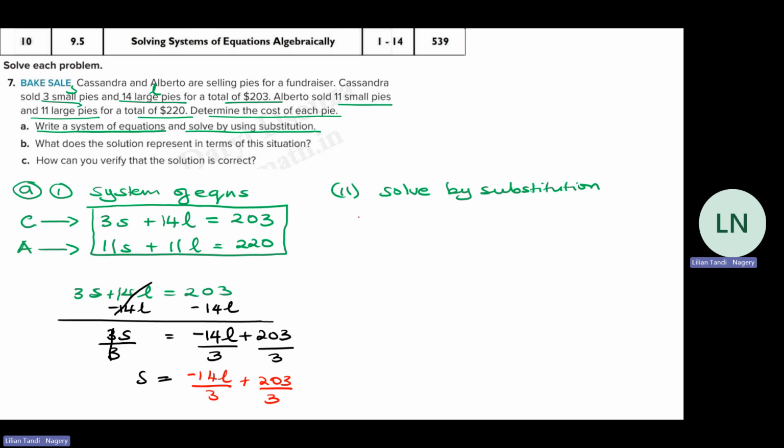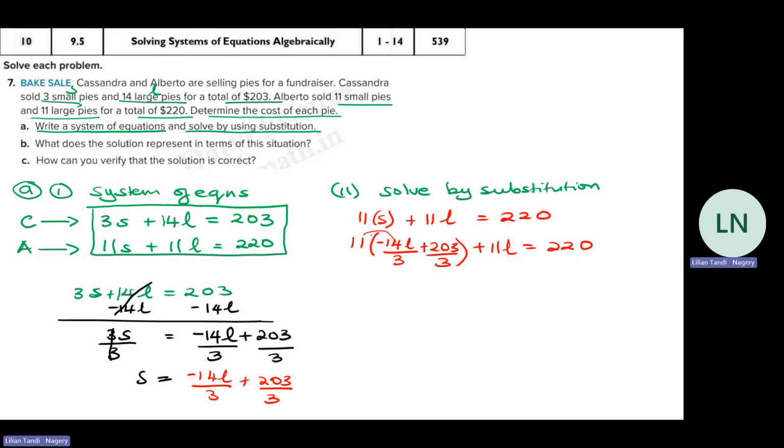So I'm going to write 11 bracket S plus 11L equals 220. 11 multiplied by negative 14L over 3 plus 203 over 3, plus 11L equals 220.